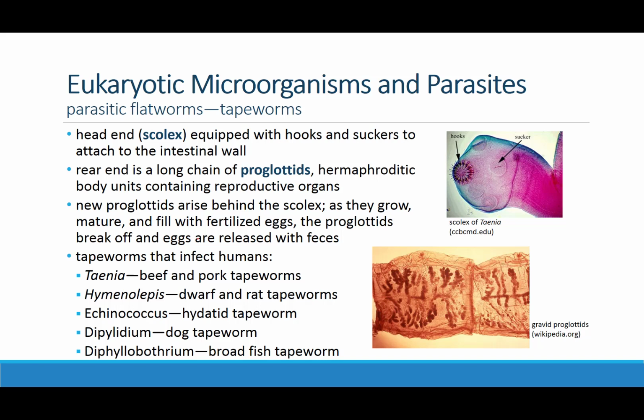Now if we think about the parasitic flatworms, the tapeworms, they have some amazing body structures. At the head end, they have a structure called a scolex, and the scolex is equipped with hooks.